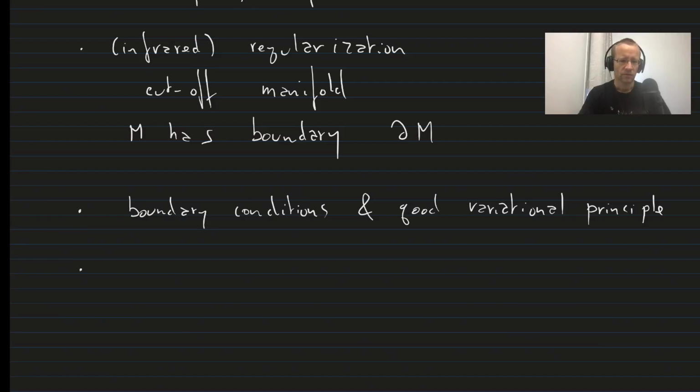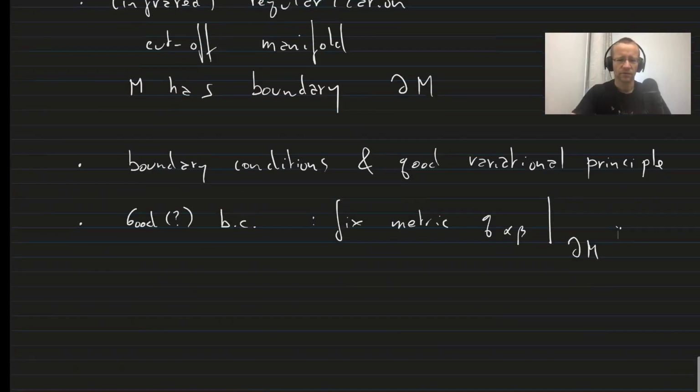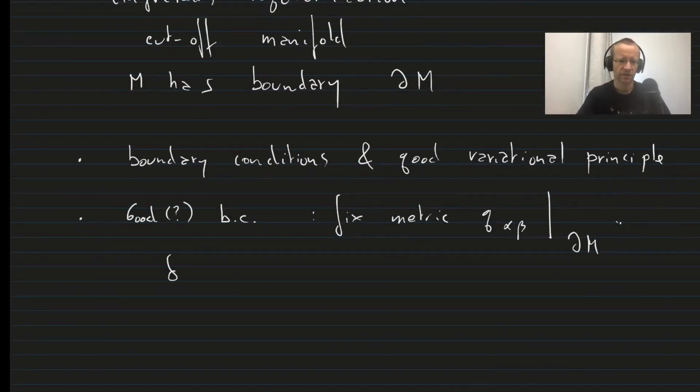So now, the first guess at good boundary conditions is that we fix the metric g_alpha beta at the boundary of our manifold. And therefore, the variation of the metric at the boundary will be 0.